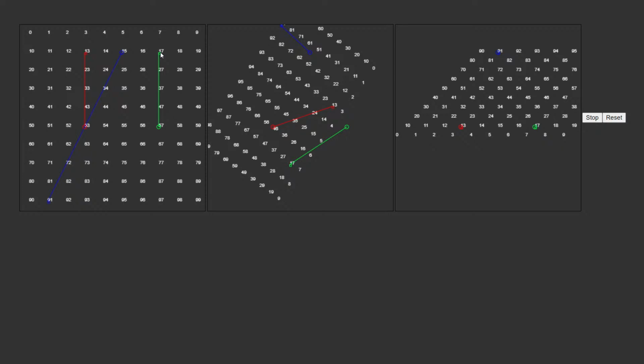Then we can see where 17 is mapped to. It's mapped somewhere over here in the hidden layer, and then in the output layer, it's mapped to the point that it was supposed to be mapped to according to the training set. So in this case, we have complete convergence.